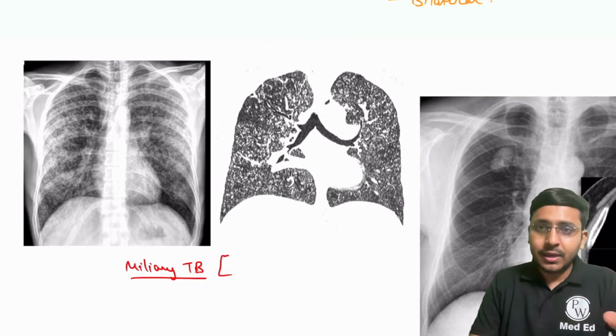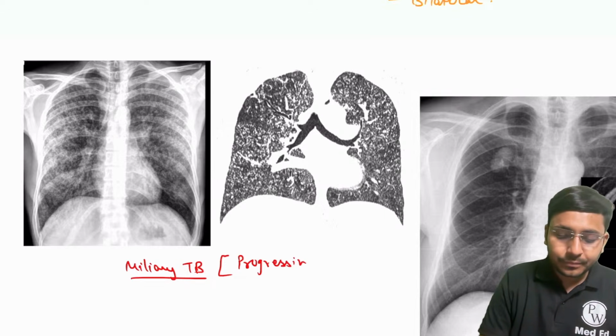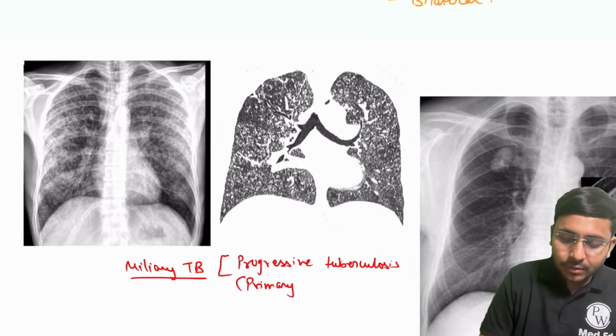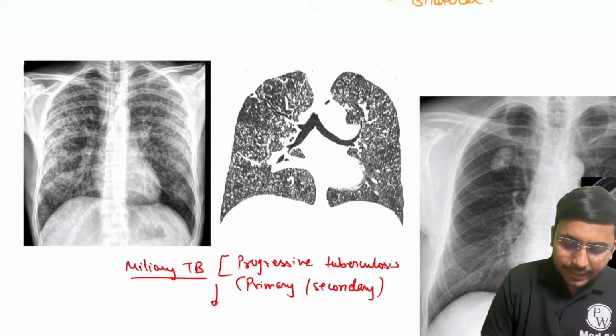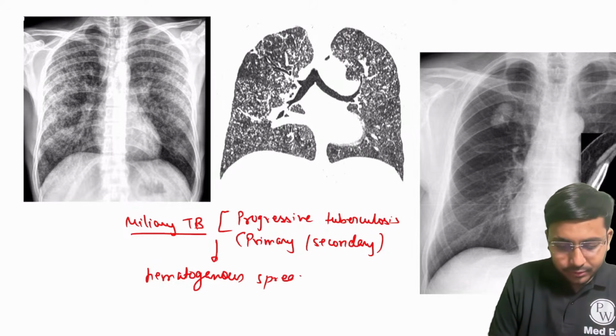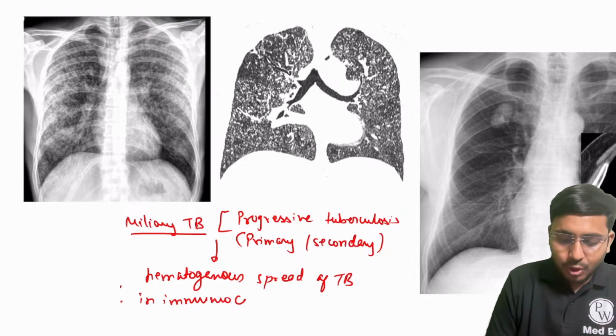What is the pathological name for this? This is progressive TB. Now this can either be primary progressive or secondary progressive TB, and it tells you that there is hematogenous spread of TB which has happened, and this happens in immunocompromised patients.